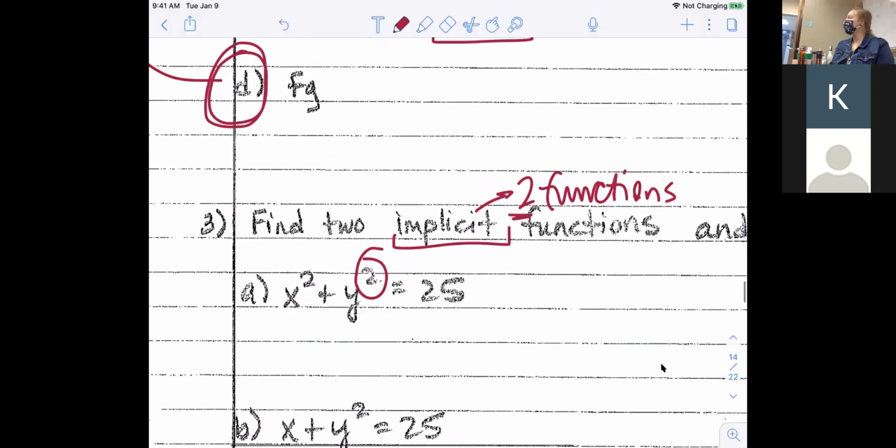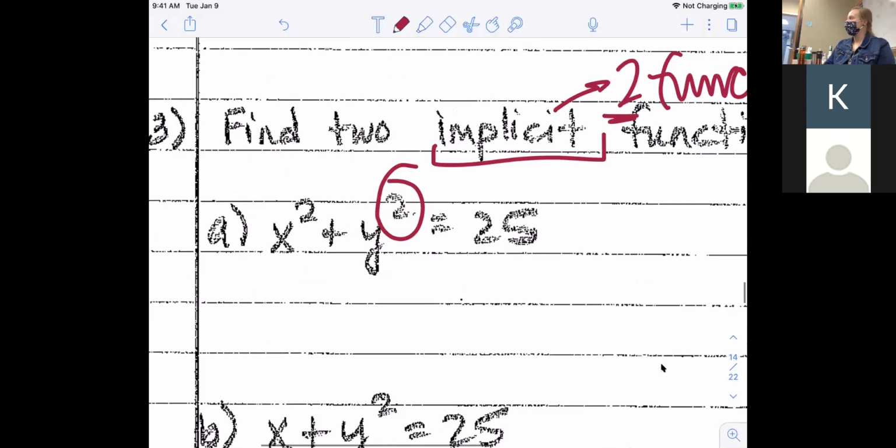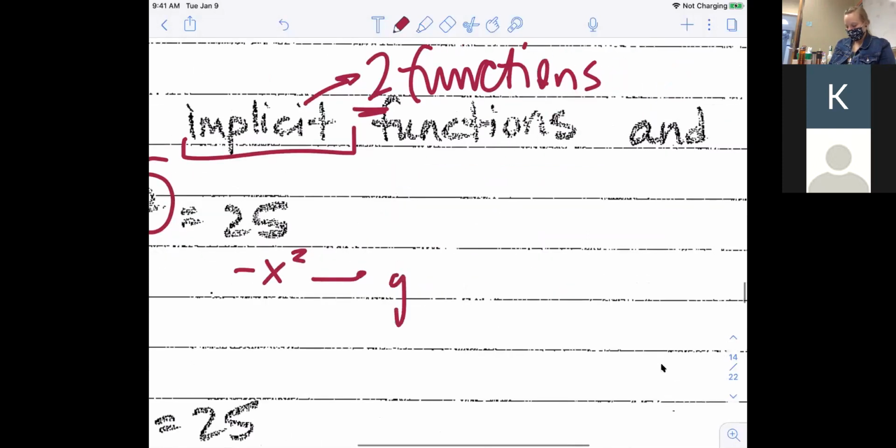So when we see an implicit function, we're going to solve for y. Okay? What's my first step to solve for y here? Move the x, minus x squared. So y squared equals, what are you doing? Yep, okay. Equals 25 minus x squared.